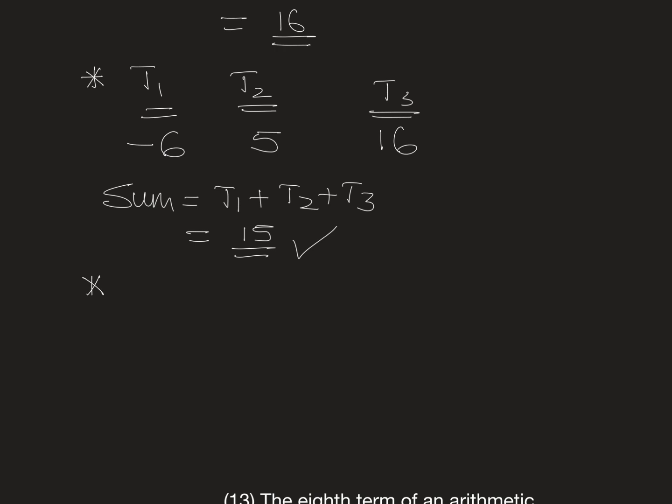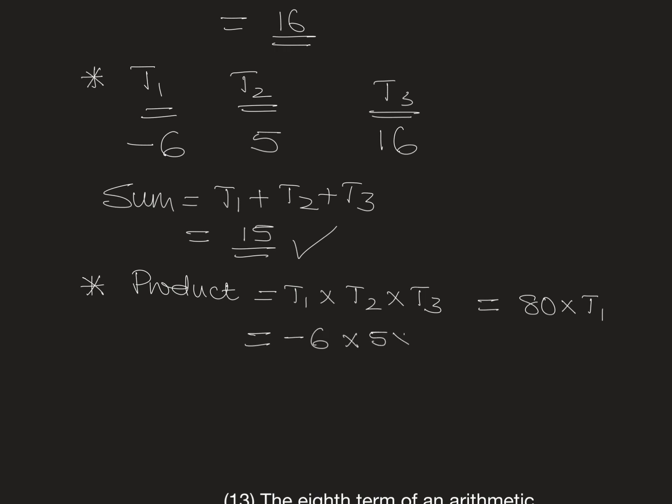But what of the product? If you multiply T1 times T2 times T3, it says that is 80 times T1, that is 80 times the first term. So let's see whether that is correct. That is minus 6 times 5 times 16. Is it equal to 80 times the first term, minus 6?